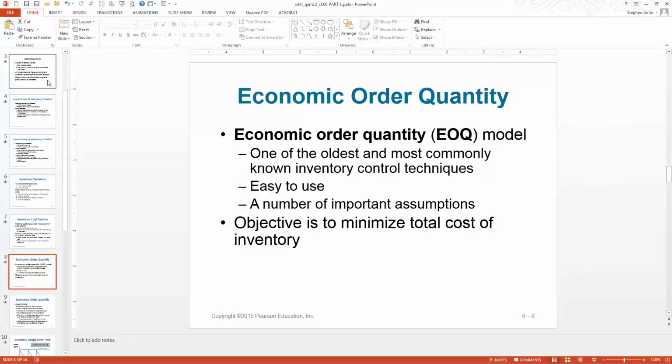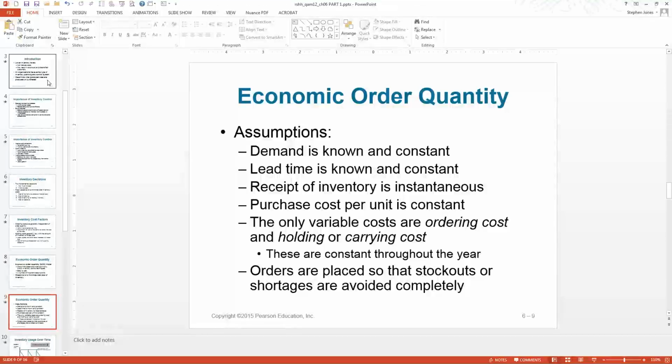You got to buy a package of hot dog buns, and a package might be 8 or 10, or it might be 20, or whatever it is. You got to order in whatever combinations they have. So it's theoretical, and if you can order in individual items, that's what you should do. If not, you'll have to adjust what the EOQ says should be the amount that you order.